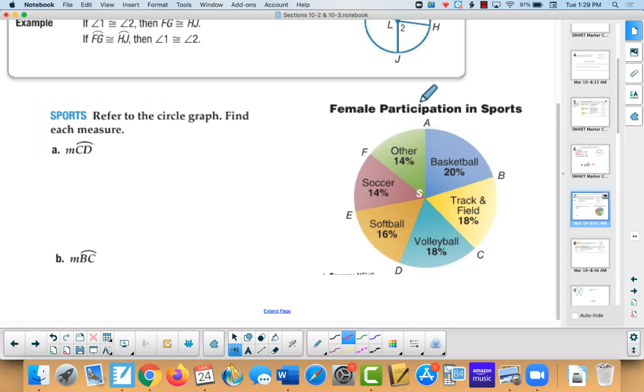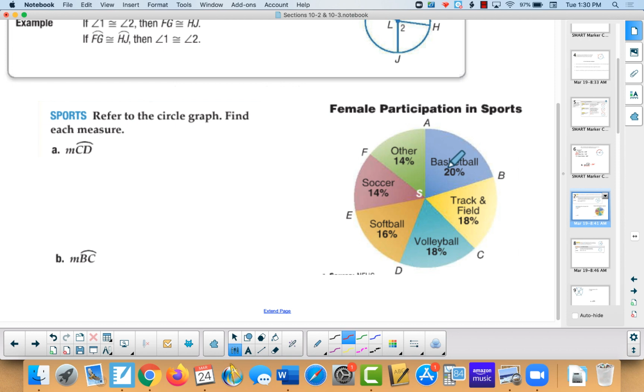When making pie charts, what happens is someone takes some data, so has a total number of people that they've asked a question. So in this particular case, girls were asked what sports they play. And then they took that amount of people that played basketball, for instance, and divided that by how many people were asked and got that 20% of the people answered that they played basketball.